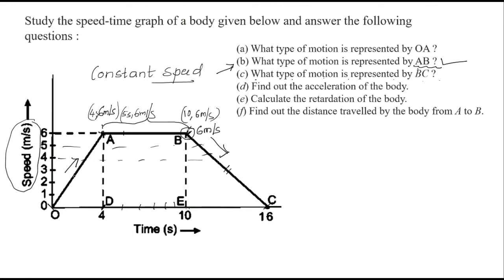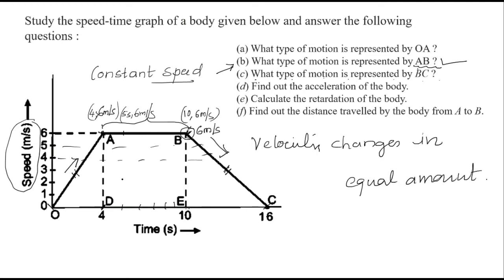As I already told, in the case of OA, if you get a straight line, this means the speed or velocity changes in equal amount. Then only you will get a straight line. Now here velocity increases. So what change is there in O and A? Increase in velocity. But what change is here? The velocity is reduced.